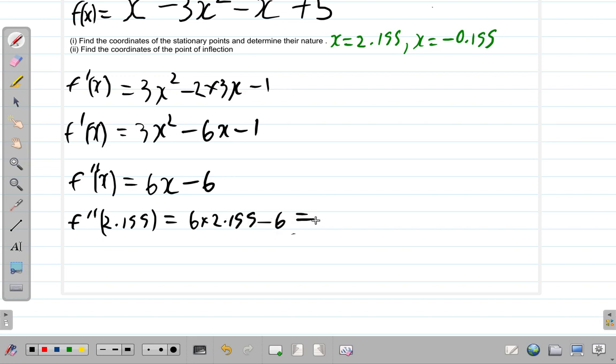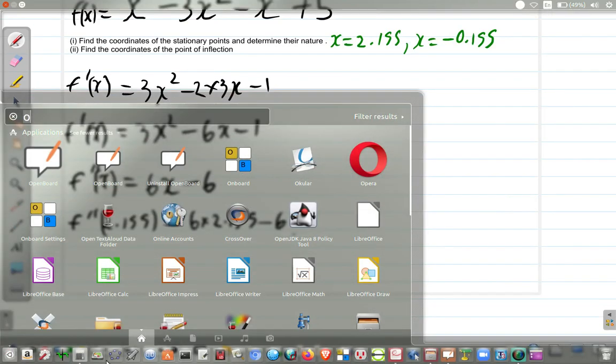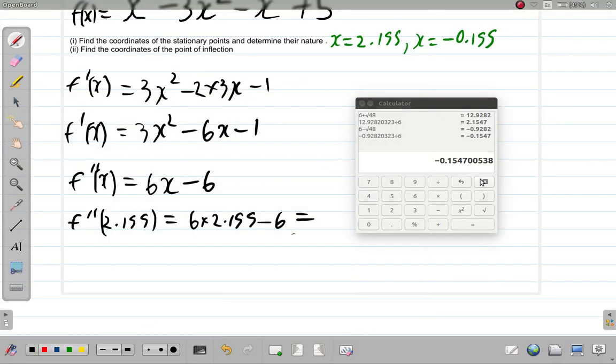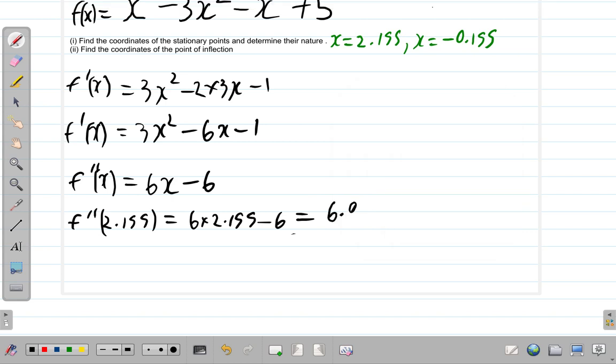It's positive, so it's 0.93. What about f double prime of negative 0.155?